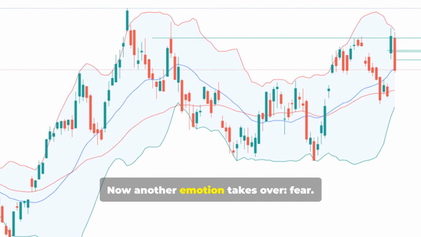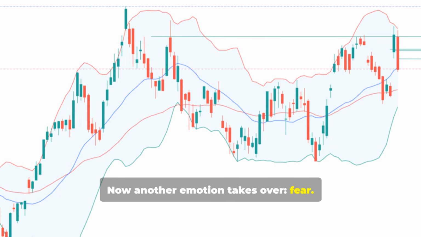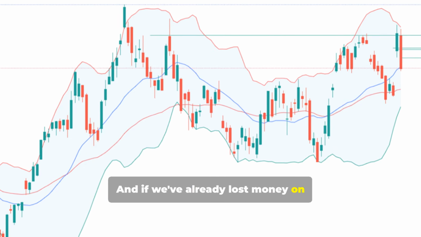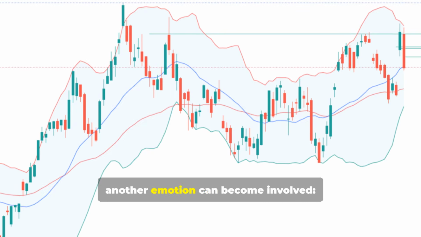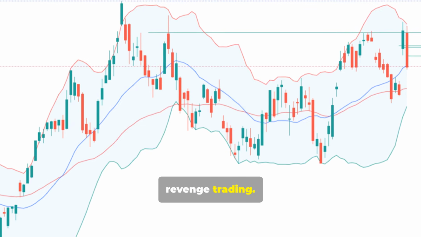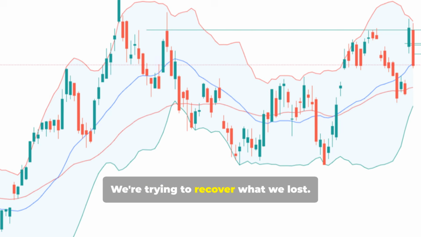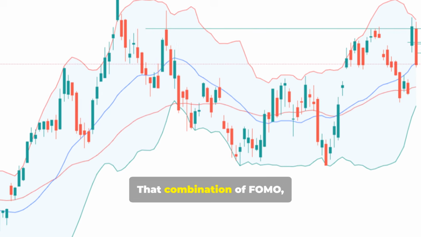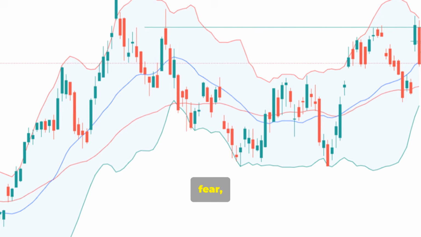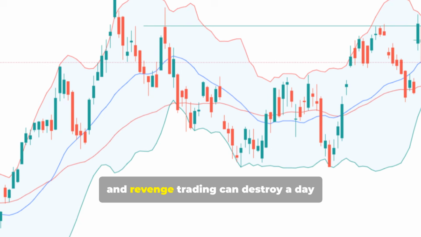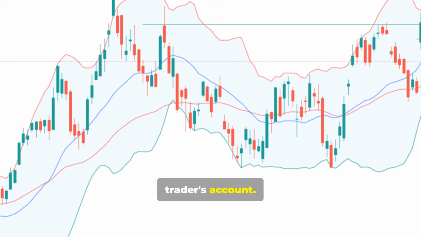Now another emotion takes over, fear. And if we've already lost money on previous trades, another emotion can become involved, revenge trading. We're no longer patiently reading the chart, we're trying to recover what we lost. That combination of FOMO, fear, impatience, and revenge trading can destroy a day trader's account.